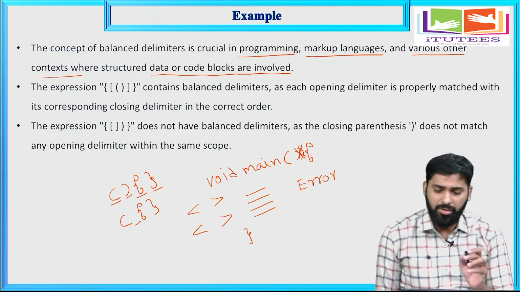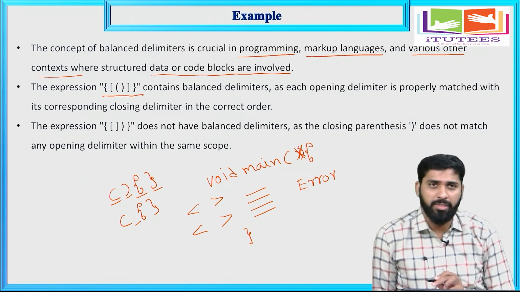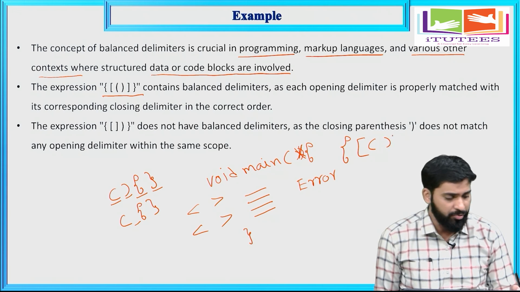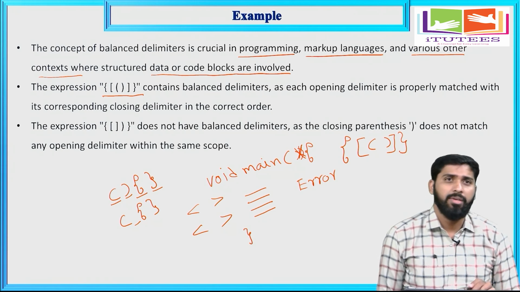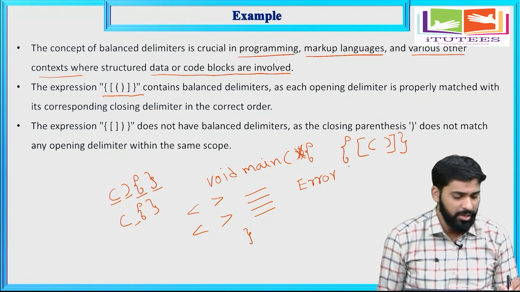Now let us assume this is the expression. What is the expression here? Curly bracket open, square bracket open, normal bracket open, normal bracket close, square bracket close, and curly bracket close. Now you check, is it balanced or not? Yes, it is balanced.